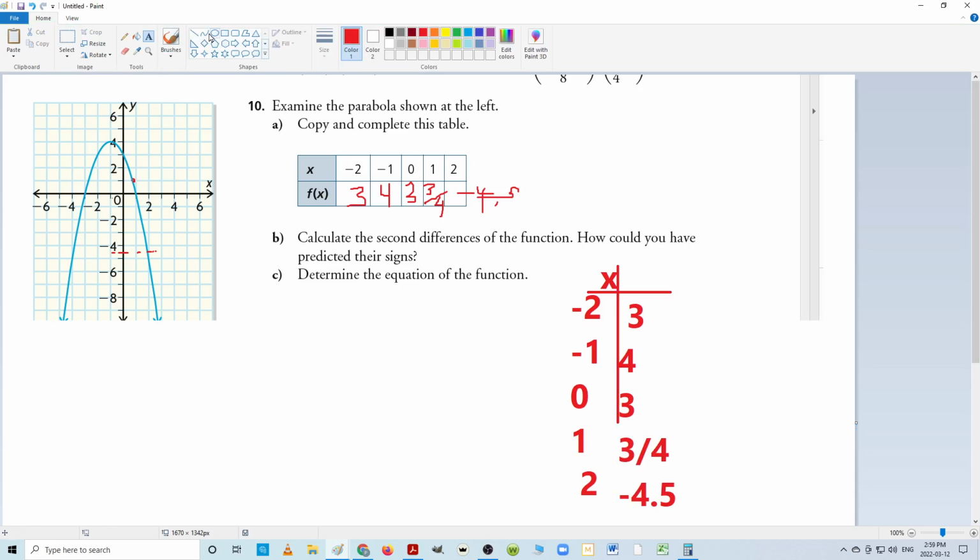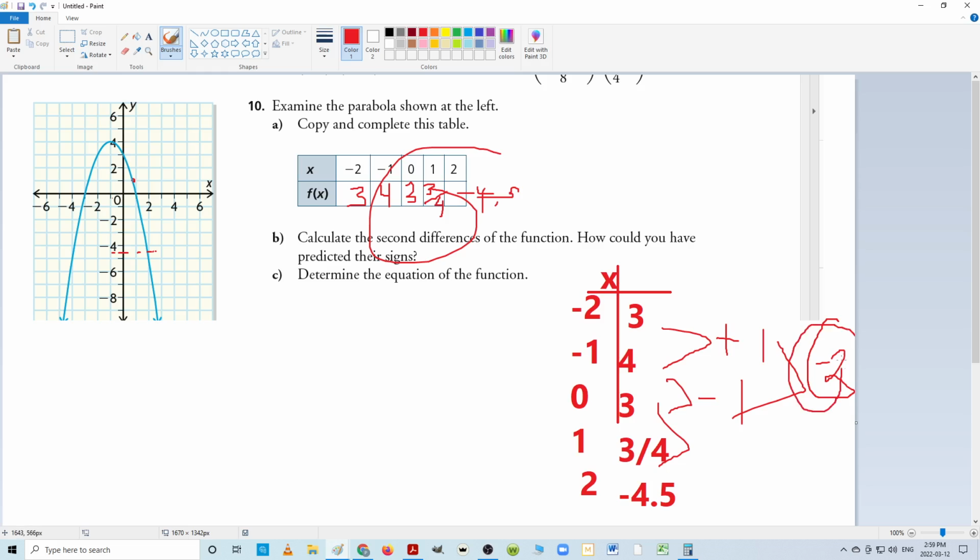I'll probably just use the first ones. Plus 1, minus 1. Boom. So it's going down. It's facing down. And just knowing it's a parabola, I'm going to tell you that the first difference is there. The second difference is minus 2.